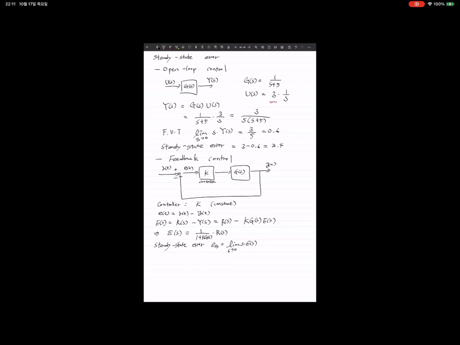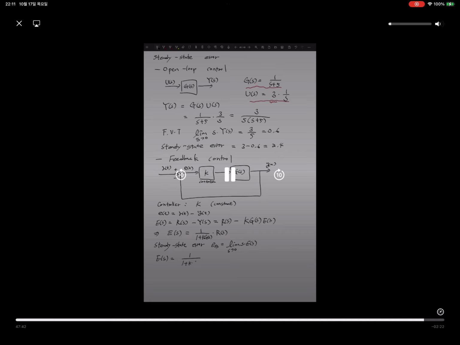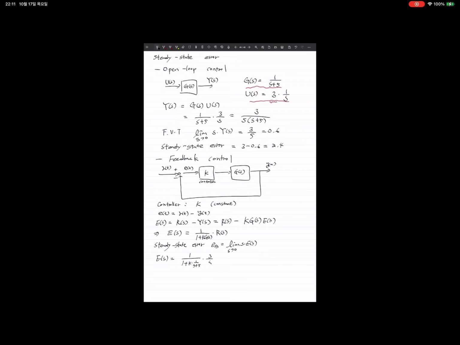So again, if we think about this example, then the E of s is 1 over 1 plus K times 1 over s plus 5, times 3 over s, which is s plus 5 over s plus 5 plus K, times 3 over s.